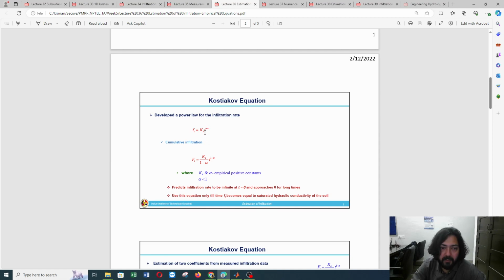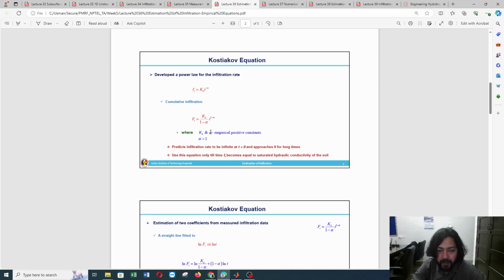If we integrate this equation, we'll get the value of cumulative infiltration F(t), right? So we just need to calculate the constant values. If we know the constant values, we can calculate infiltration rate for any given time.